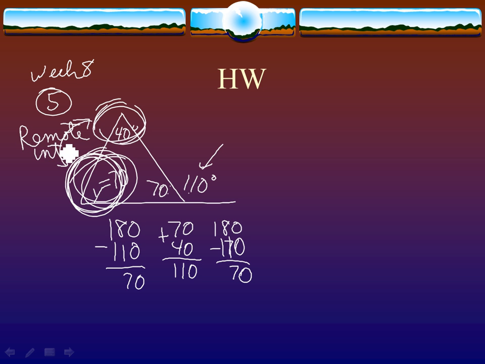The remote interior angles, right? These two remote interior angles should add up to be this exterior angle. Well, 40 plus what gives you 110? 70, that's what we said y was. So you could have used that rule instead of the supplementary angles and the three angles of a triangle adding up to 180. Next question.